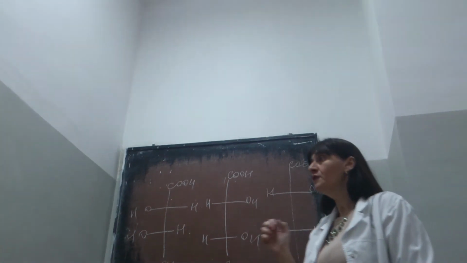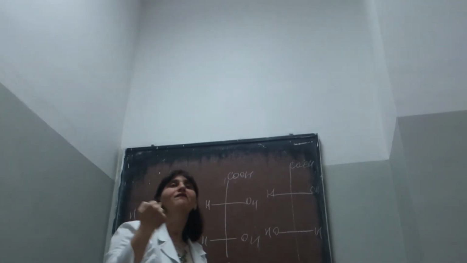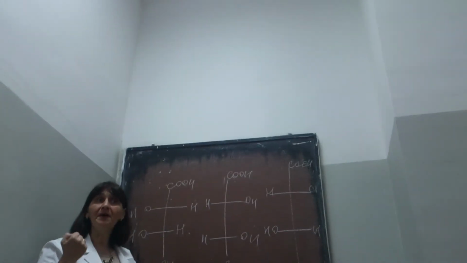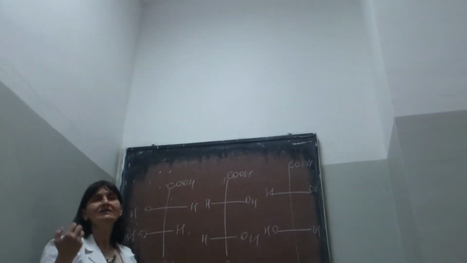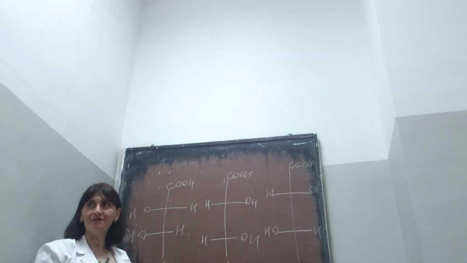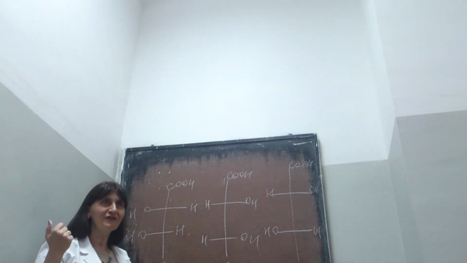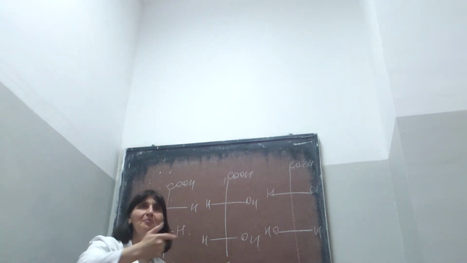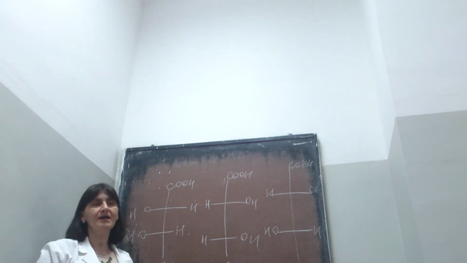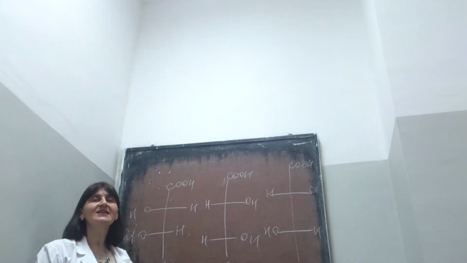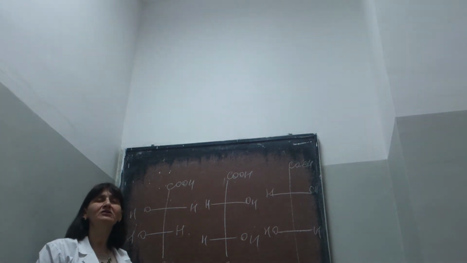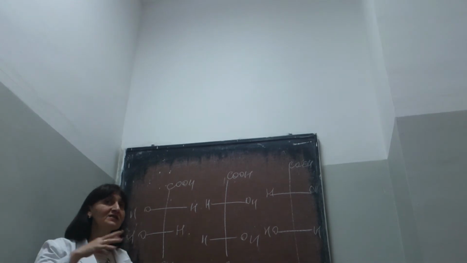Now, for determination of the absolute configuration of these molecules, you have the Cahn-Ingold-Prelog system. And you have some rules here. But first of all, before discussing these rules, let's discuss the determination of priority of substituents.